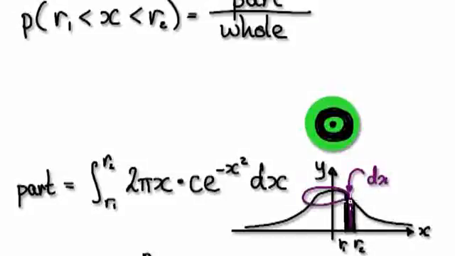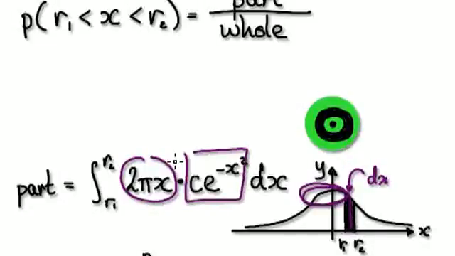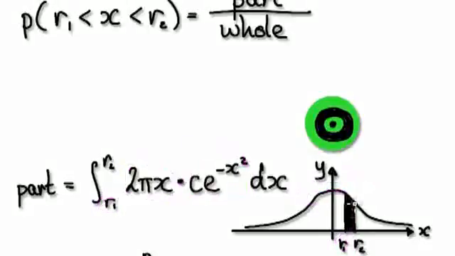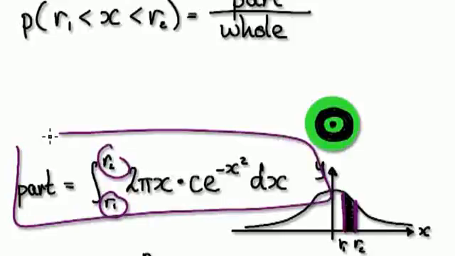We need to revolve it around 360, so that would be the circumference of a circle, which is 2 pi x, and then we need to times it with the height. The height of this graph here is given by this. So this here is our circumference, this here is our height, and then we need to sum up everything from R1 to R2. R1 is right here, R2 is right here. So the volume for the part is given by this.